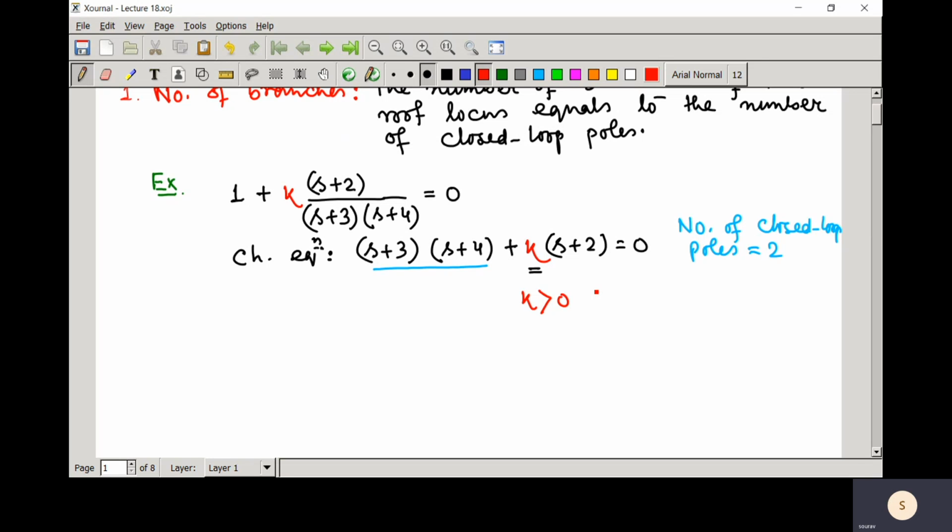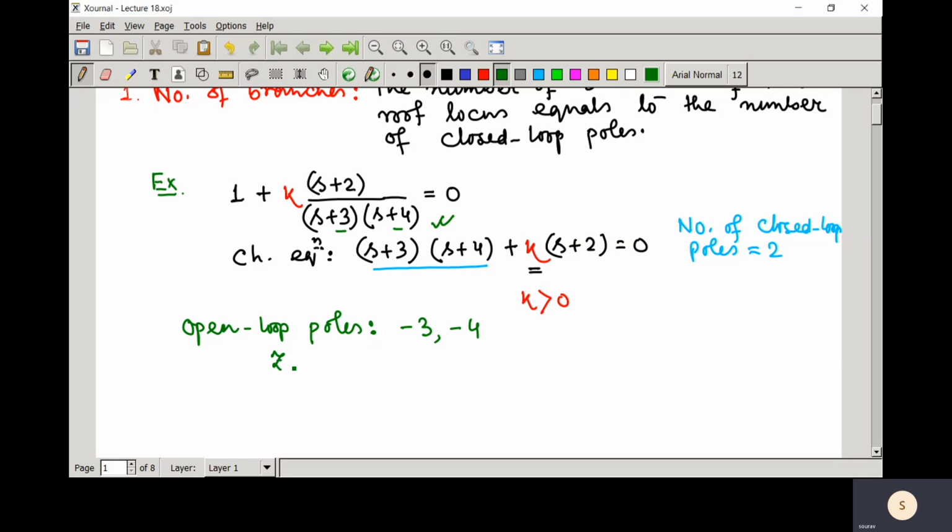So now the question is, whenever K is equal to 0, what would be the locations of the closed loop poles, and when K equals infinity, what would be the location? From this characteristic equation, we can see there are two open loop poles. One is at -3 and another one is at -4.